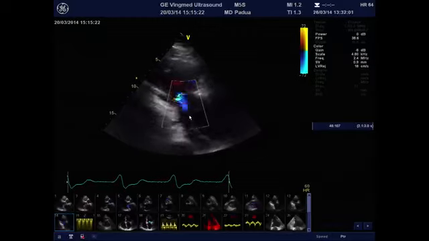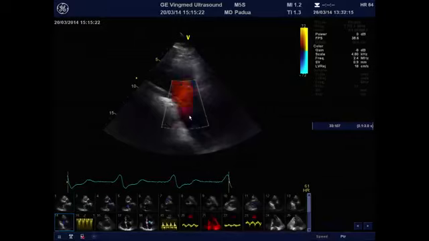So it's particularly important to look at the severity of the regurgitation, and again to compare what you are seeing at the present examination with the images of the previous one.